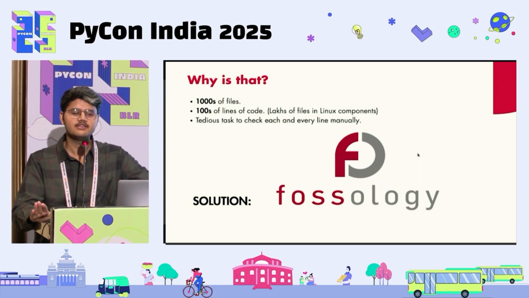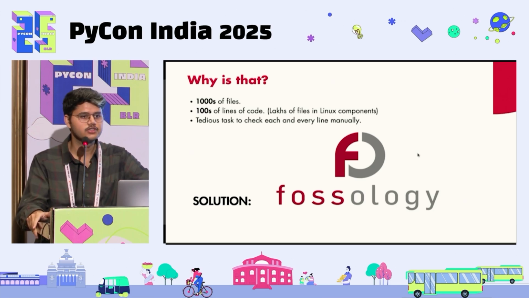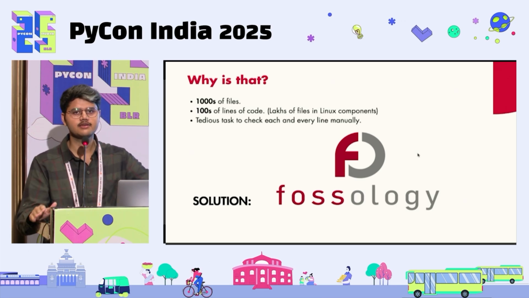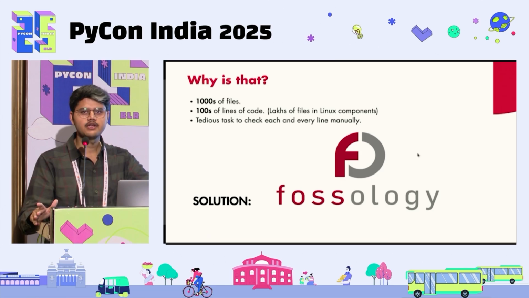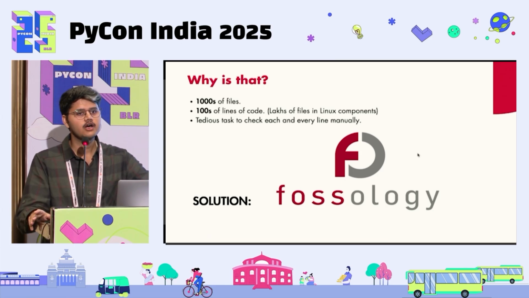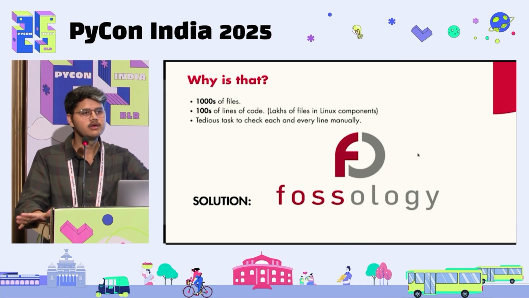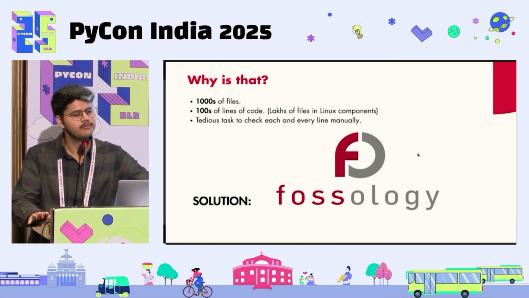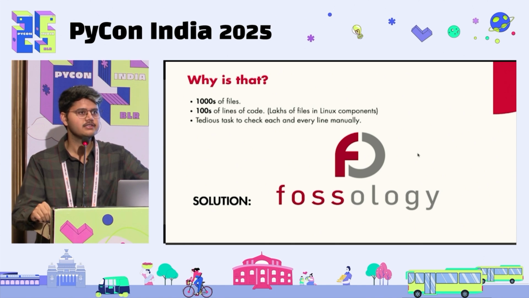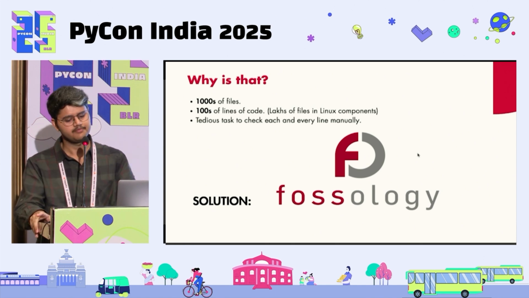This is the exact problem that Fossology solves for you. FOSSology is an open source license compliance software, which essentially has a web interface. We have a whole complex ecosystem which allows you to upload files, zip files, source code, etc. And it scans for license vulnerabilities, copyrights, keywords, and all of these things inside of your code.